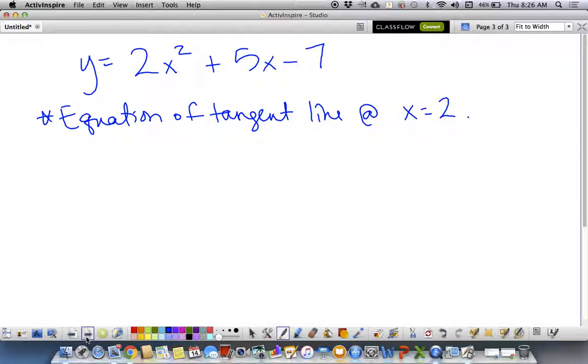At least I didn't put in 3 or 4, and that would be even bigger. So I at least picked a fairly small one.